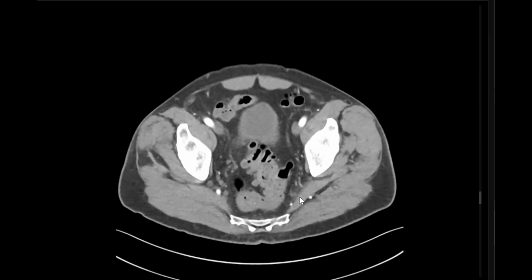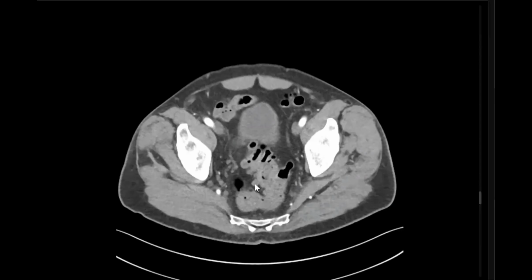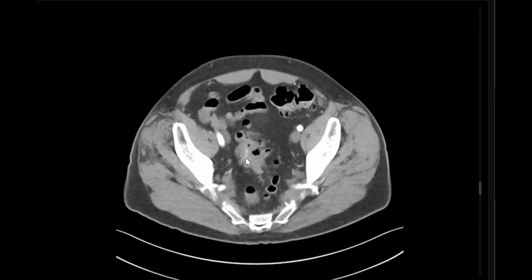Just to remember, one of the complications is lower GI hemorrhage. But you have a very good approach. Commonly in the exam, it is colonic angiodysplasia. But you should look for other causes like diverticular disease, cancer, ulcerative colitis. What will you do next to confirm?